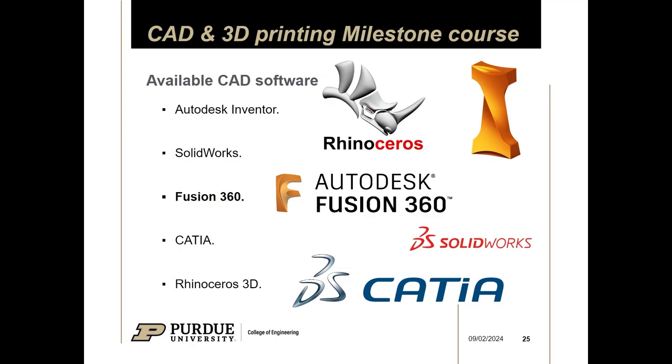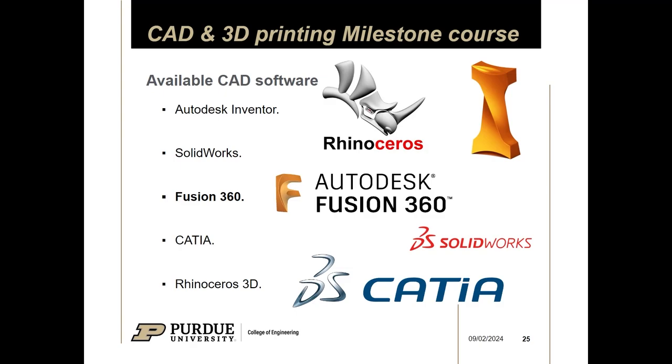Obviously, Fusion is not the only CAD software that exists out there. It is a part of a family of CAD programs that Autodesk has. Its big brother, Inventor, is used all across industry, but there's a bunch of competitors that exist for different reasons, like SolidWorks and NX, some of which you may have experience taking classes on here at Purdue or elsewhere.